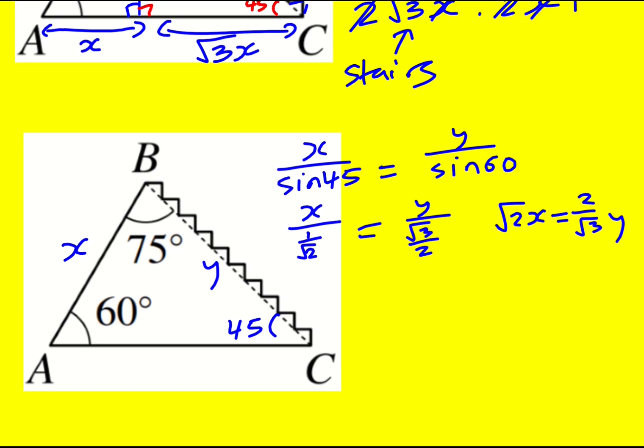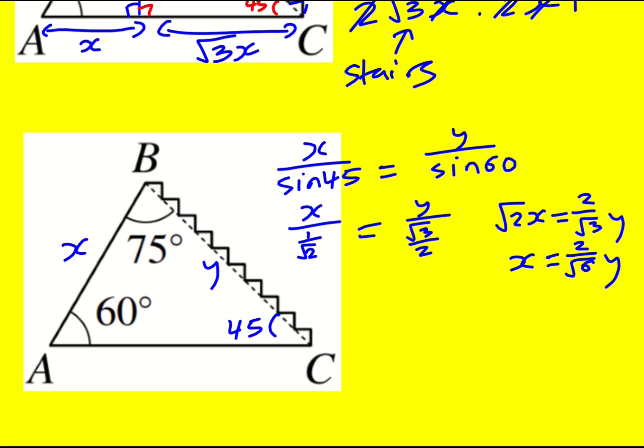Okay, I could then divide by root 2 actually to give me x equals 2 over root 6y. So at least I've got a relationship between x and y now in terms of x.